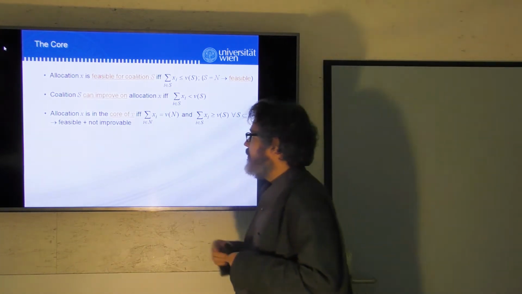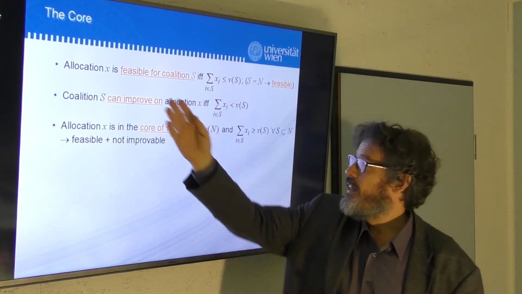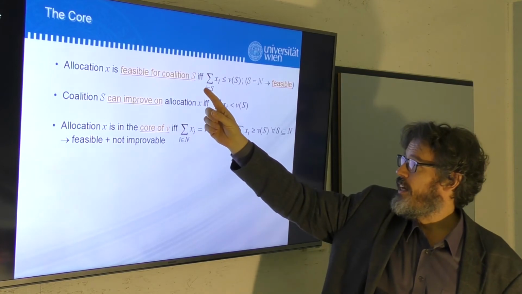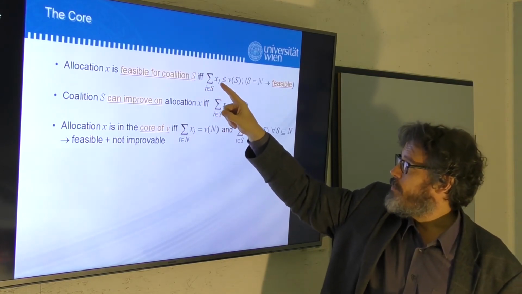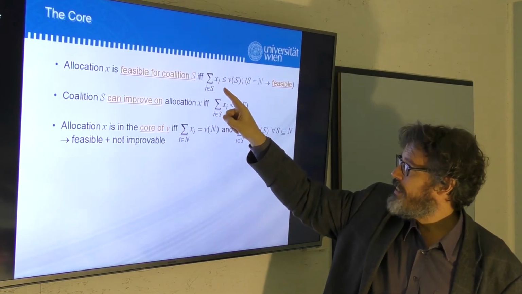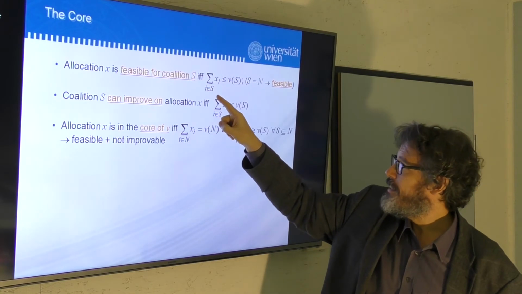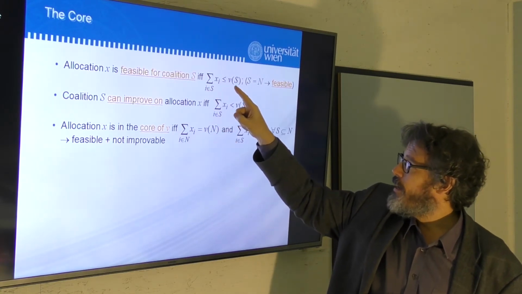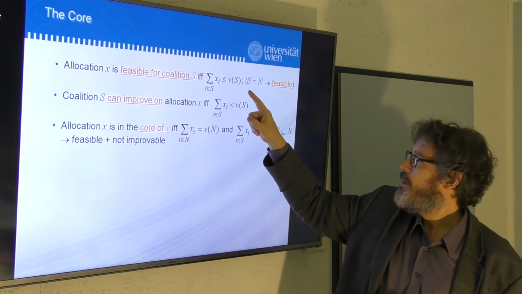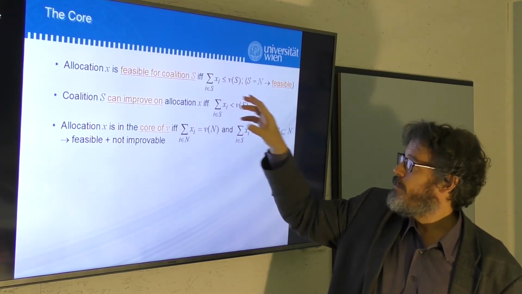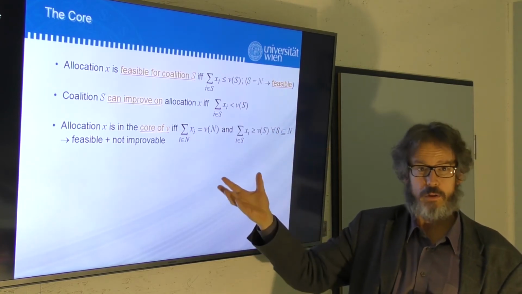We define an allocation x, a vector of payoffs, as feasible for coalition S if and only if the sum over all vector components x_i, where i runs through all the members of the coalition S, is less or equal to the characteristic function of the coalition. So this means the payoff for members of the coalition does not exceed the total payoff for the entire coalition.